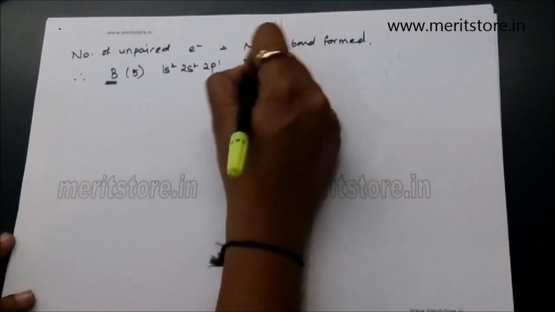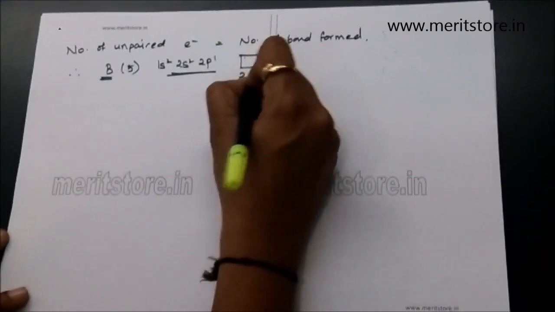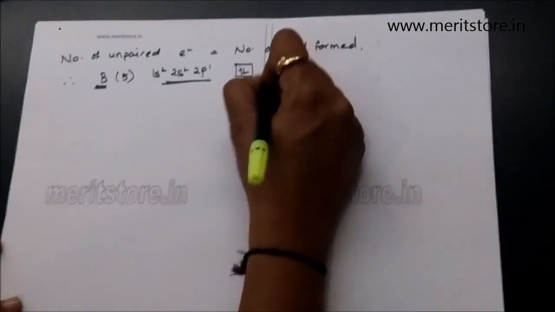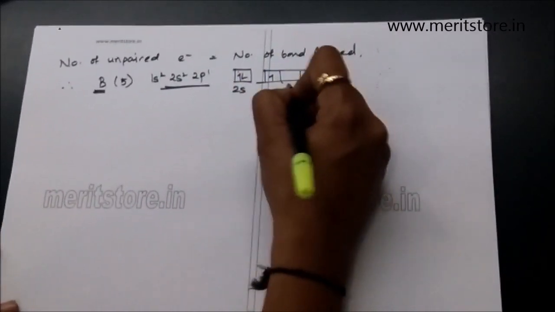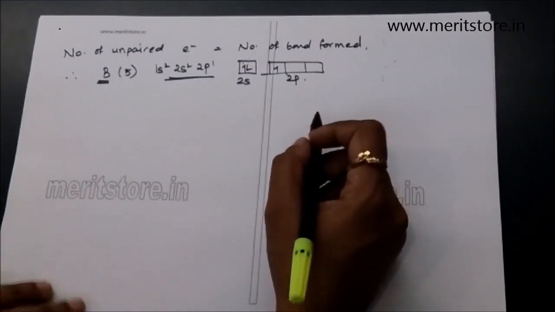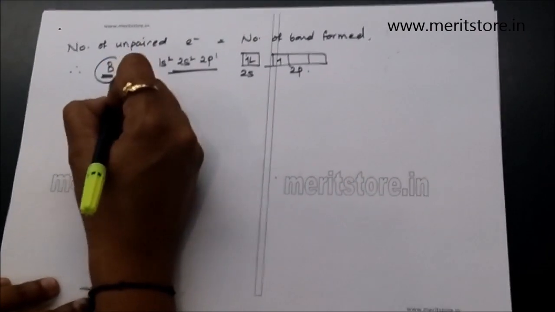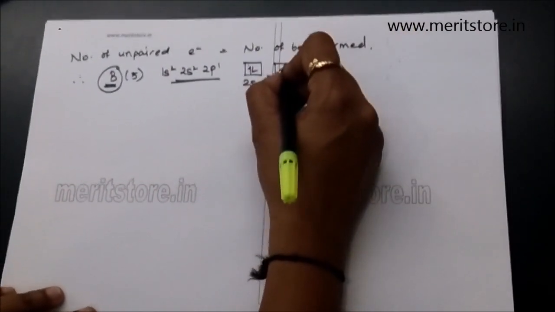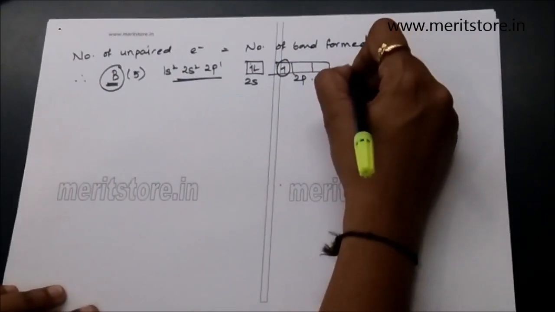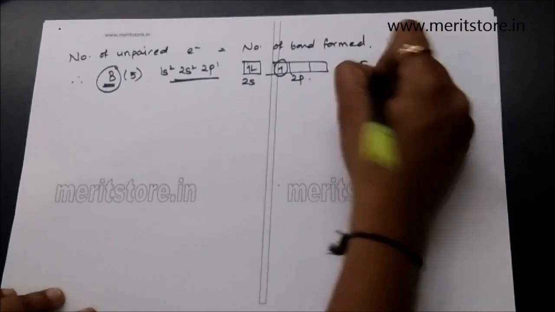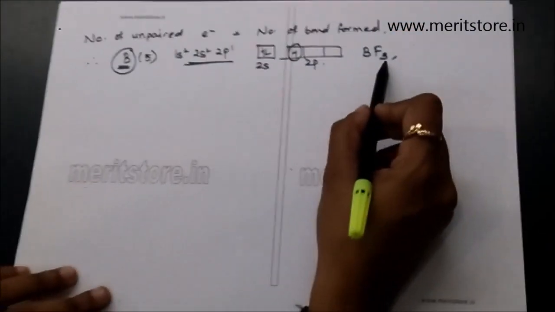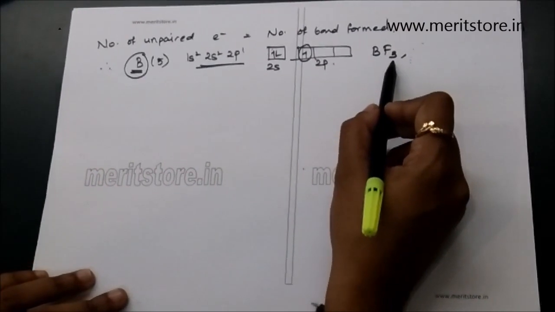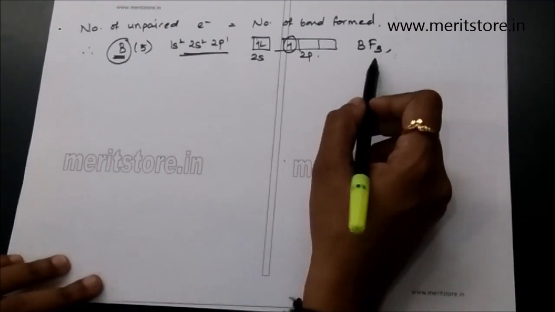In this case, if you arrange the outermost shell electrons, the 2s electrons are paired, while in the 2p we have one unpaired electron. So according to valence bond theory, boron can form compounds with only one valency. But in nature, we have certain compounds of boron like BF3, where boron has a valency of 3, which is not explained by the valence bond theory.